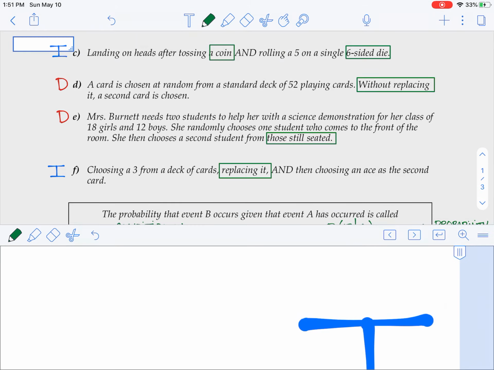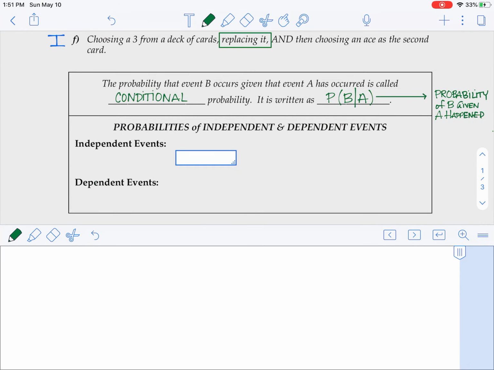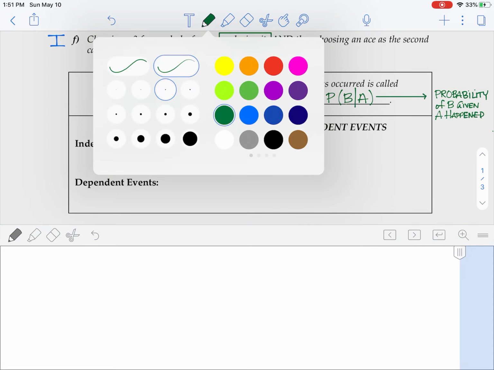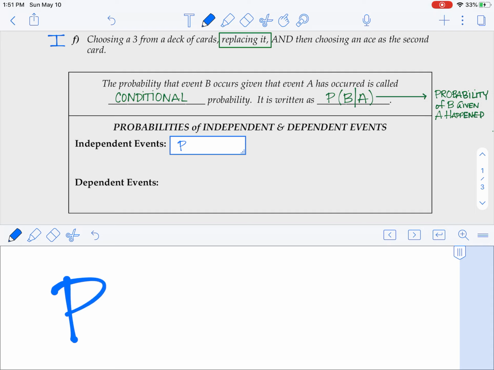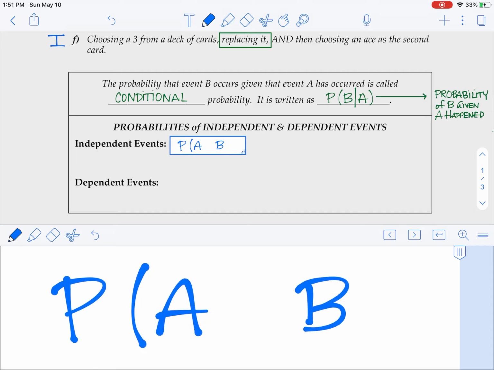So let's define these so you know what they look like. And again, these formulas are going to play into some of your homework because they don't always give you context behind the probability. They just give you numbers sometimes. And the biggest difference today is that you're going to know you're dealing with independent and dependent events because instead of an or, you're going to have an and.